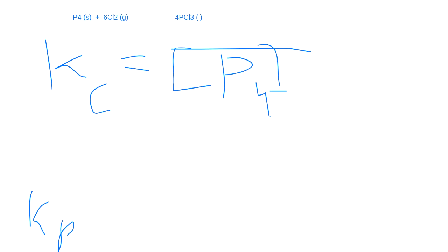Yeah, never write. Liquid and solid you never add into the equilibrium constant, as I told you. So in heterogeneous equilibria you only show the gas or aqueous. Note down these points. This is a very important point, otherwise you always make the mistake.